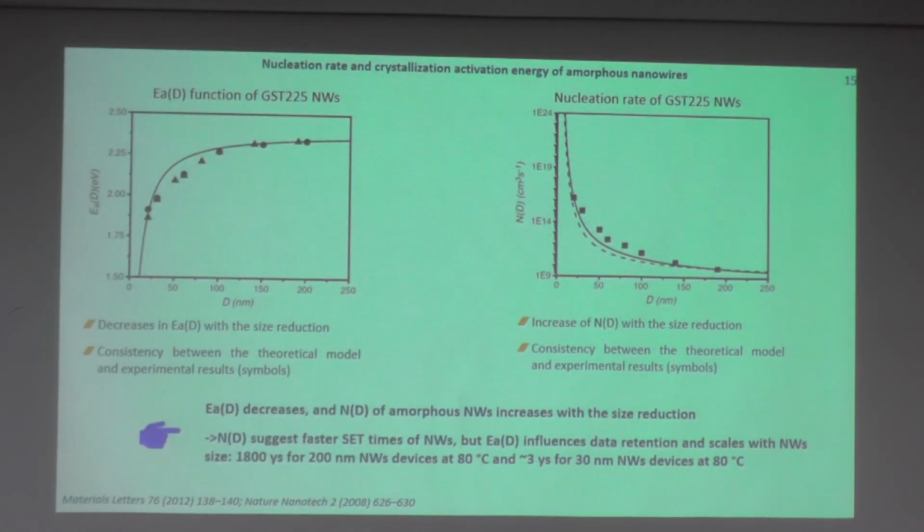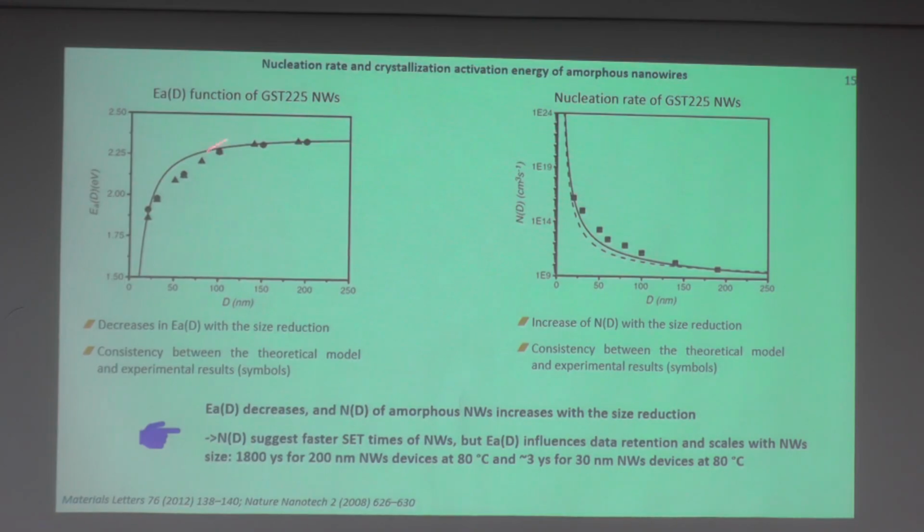So now let us look at the nucleation rate and crystallization activation energy of amorphous nanowires. Here this is the function of nucleation rate, and the nucleation rate decreases with decreasing size of nanowires. The points and triangles show the experimental data, and these are the theoretical simulated data. So they are in agreement with the nucleation. This is nucleation.